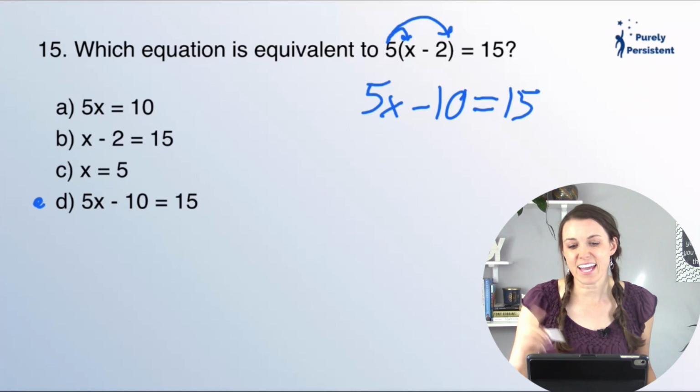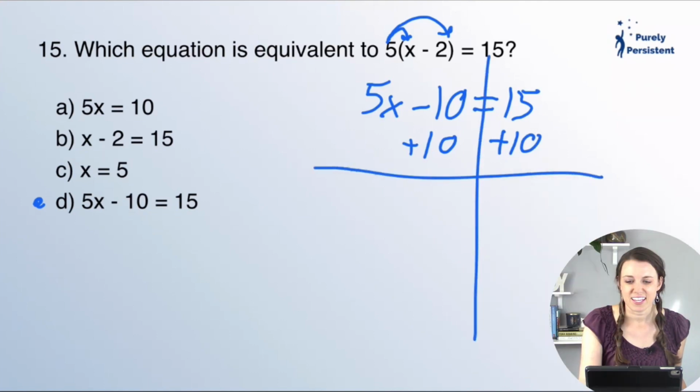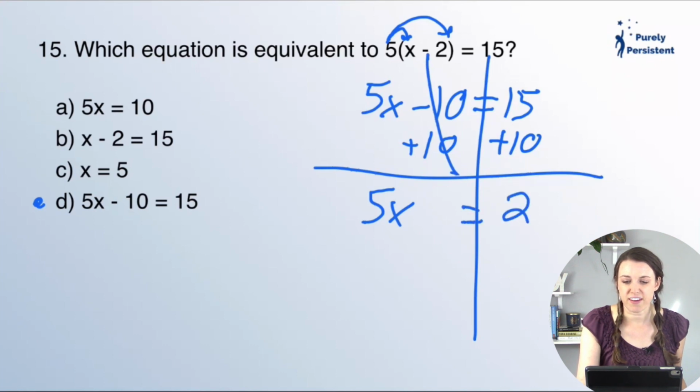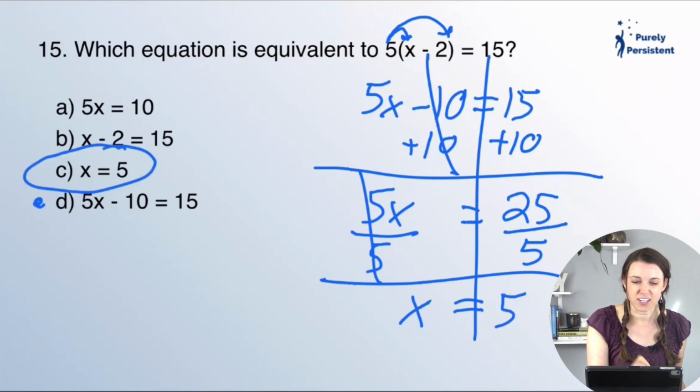So let's add 10 to both sides and just combine our like terms. All right, so I have 5x, these 10s are going to cancel out, equals 25. And let's just solve for x, okay? 5x is multiplied, so we can just divide that. And we divide one side, we're going to divide the other side. This cancels, and I'm left with x equals 25 divided by 5 is 5. And so C is the answer.